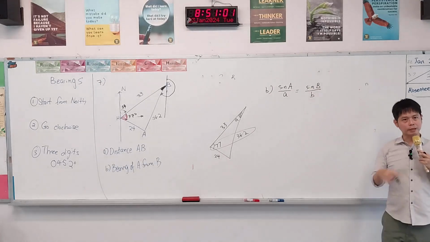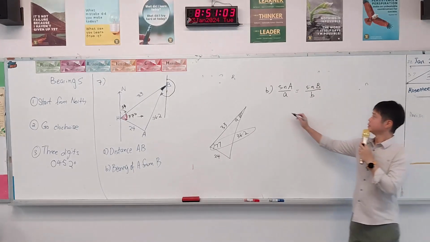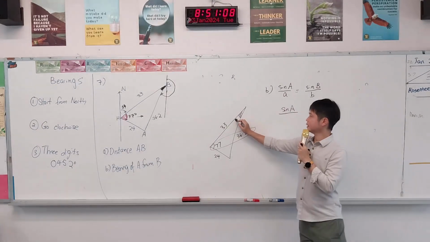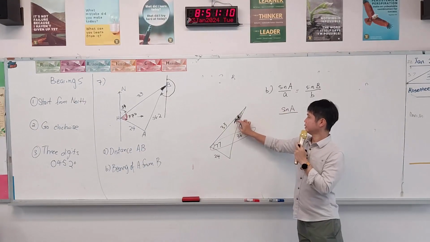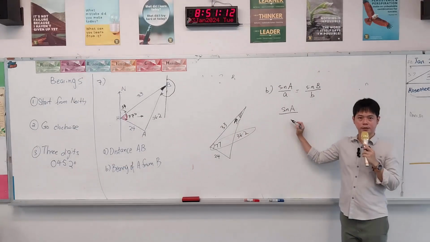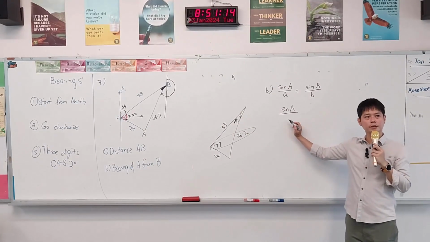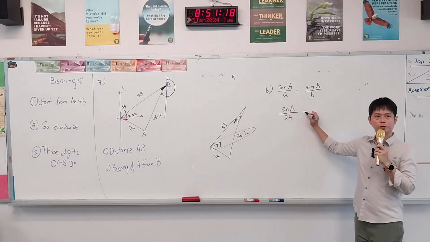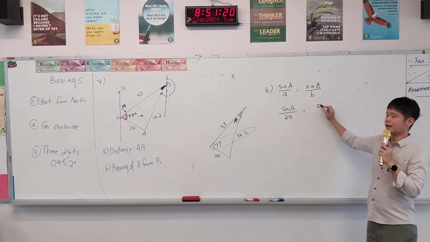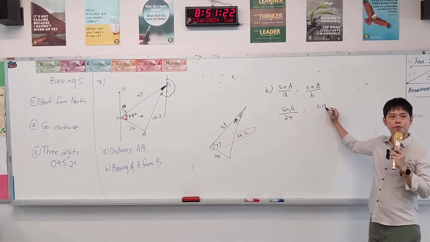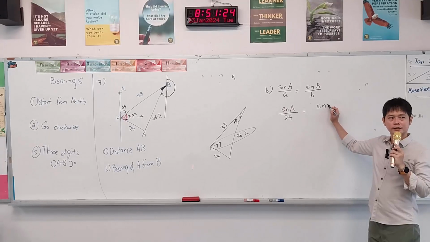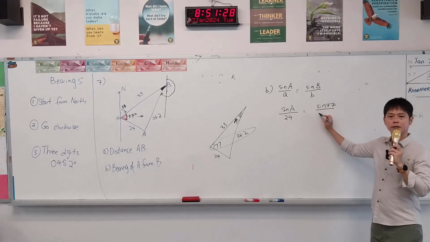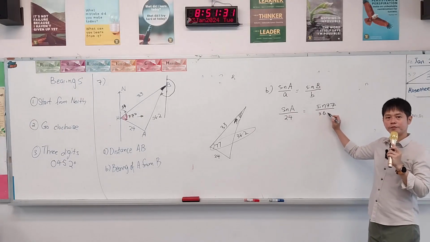Okay, let's fill in the number. At least this part you can participate, right? Sine A over what? Let's call this A. Okay, let's try. Sine A over, say out what number? 24 equals to sine, I circle for you already, sine 77 over 36.175.